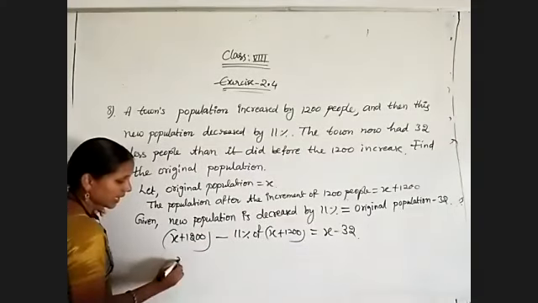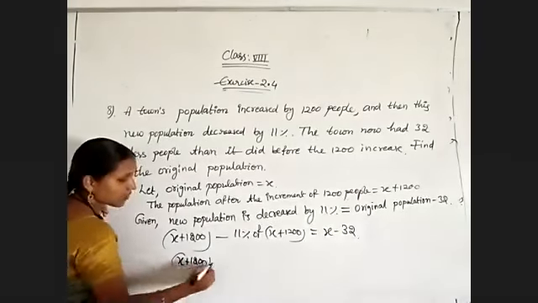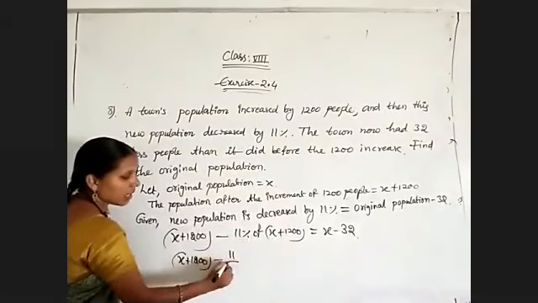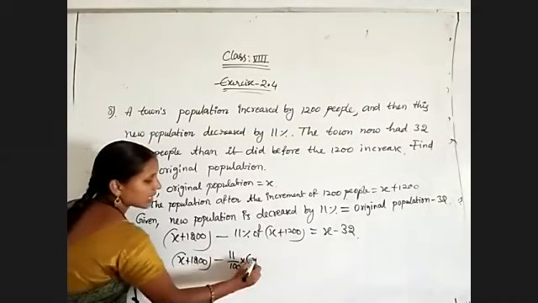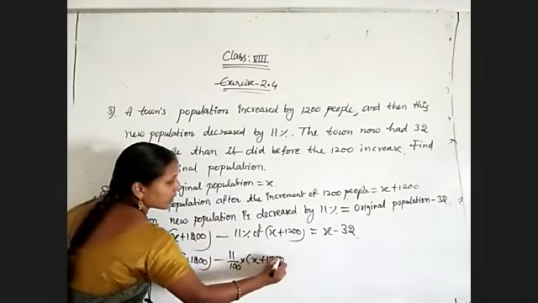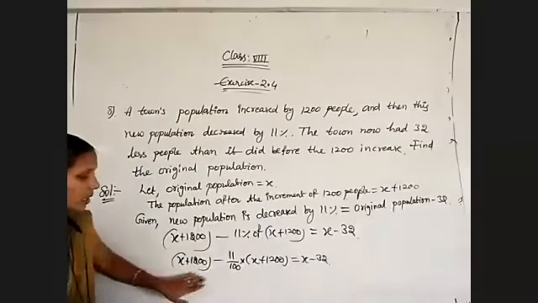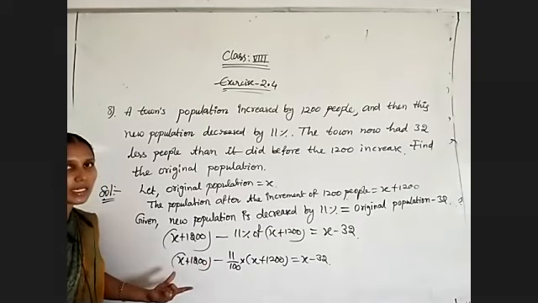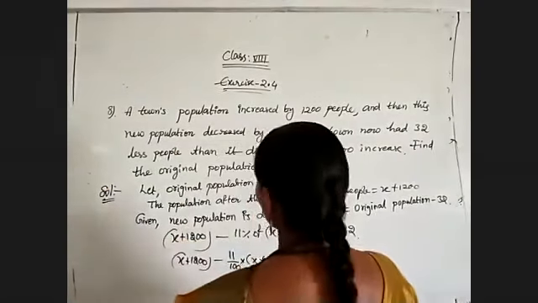First of all, 11% means 11 by 100, into x plus 1200, is equal to x minus 32. So in these two terms, x plus 1200 is common. So I am taking x plus 1200 outside. So what will I get?